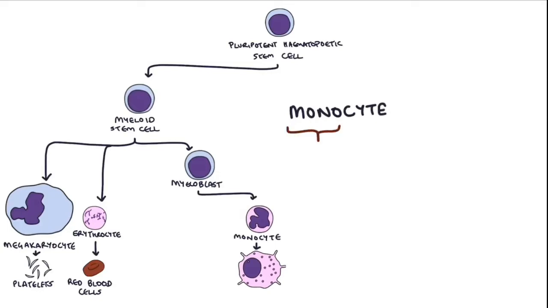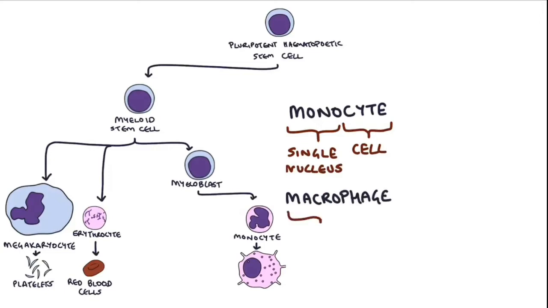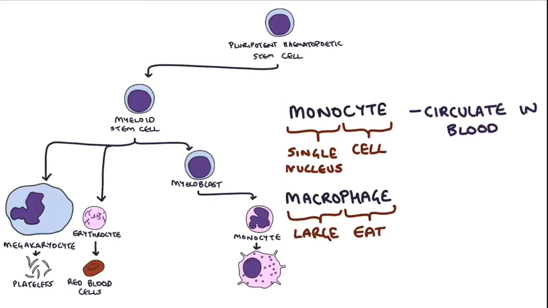So mono refers to the single nucleus, cyte refers to cell, macro refers to the fact that it's large, and phage means to eat. So monocytes circulate through the bloodstream, and then when they enter the tissues they actually differentiate into the macrophages. So these are very similar, the same family of cell.